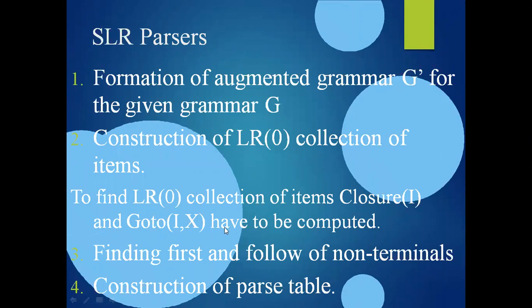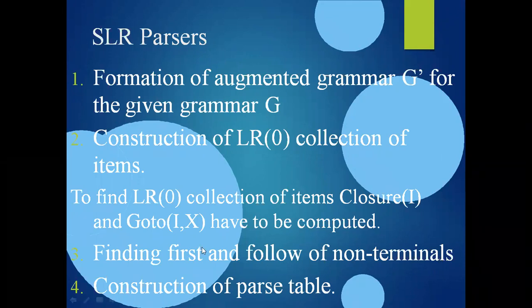After computing the goto, we need to find the first and follow for the non-terminals, because this concept we already learned in LL parsing. And here, while constructing the first and follow, we need not follow the steps of LL predictive parsing. Why? Because here it is bottom-up parsing. We are learning bottom-up parsing, not top-down parsing.